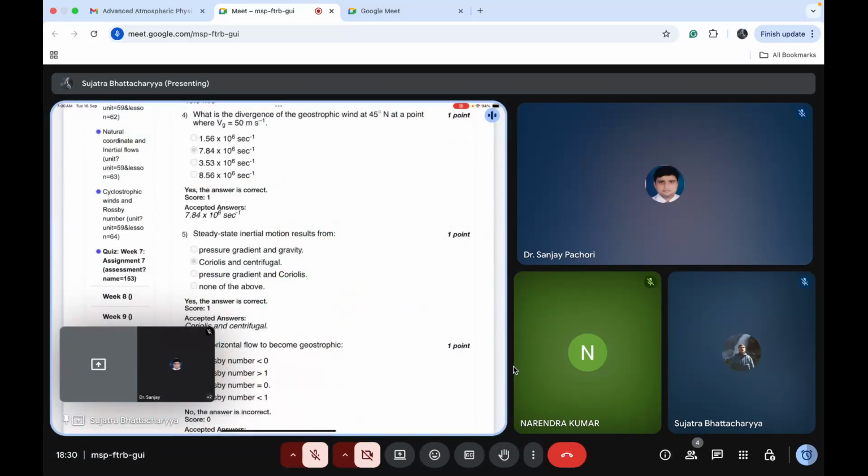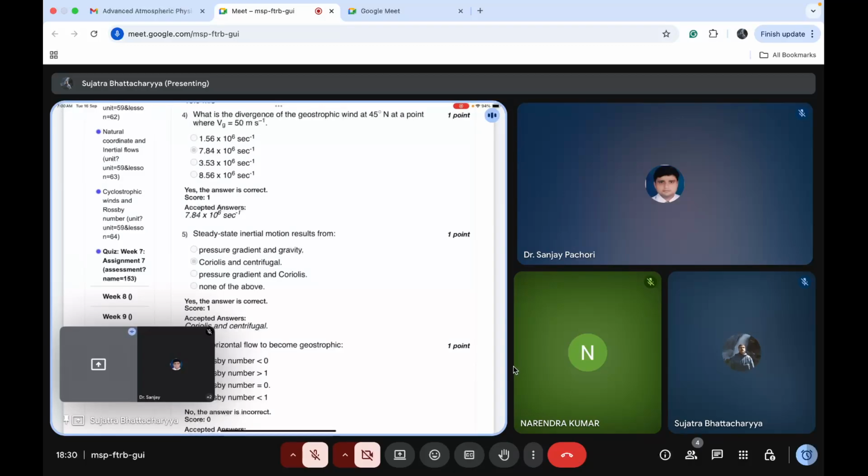Next is the fifth question, that is steady state inertial motion results from. So inertial motion we have already discussed is a simple question. It's just the balance between the Coriolis and centrifugal force, right?